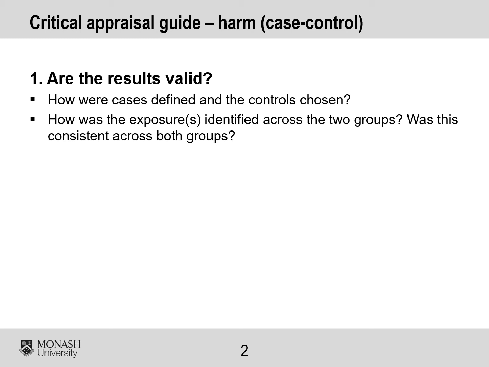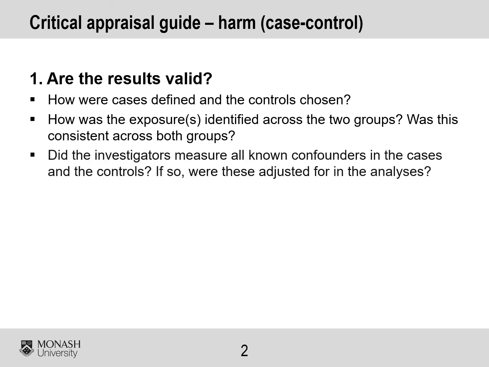So did they refer to medical records, participant interviews, other ways of collecting the data? Whichever way that they approached it, it should be consistent across both groups. If not, then there's the potential for detection bias for that particular question.